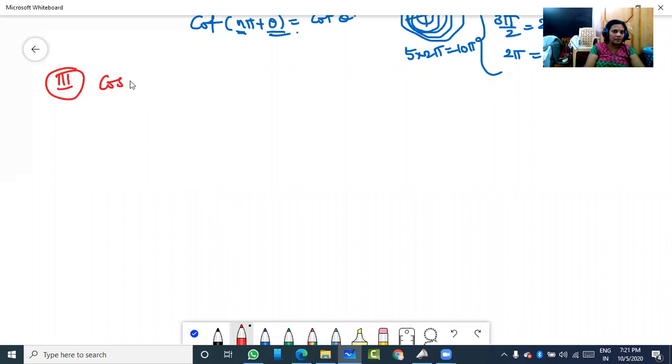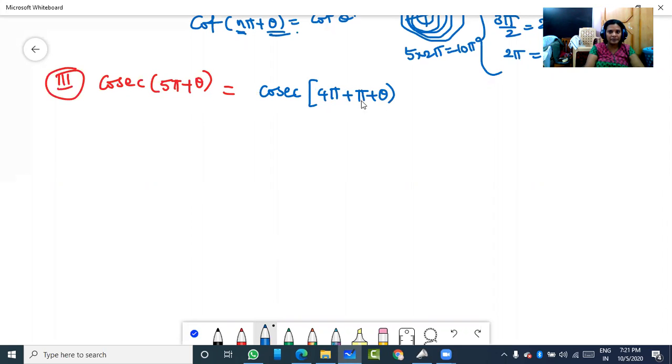Cosec of 5π + θ. It is equal to cosec(5π + θ), which means we can write it as cosec(4π + π + θ). That is nothing but 4π means 2 into 2π.